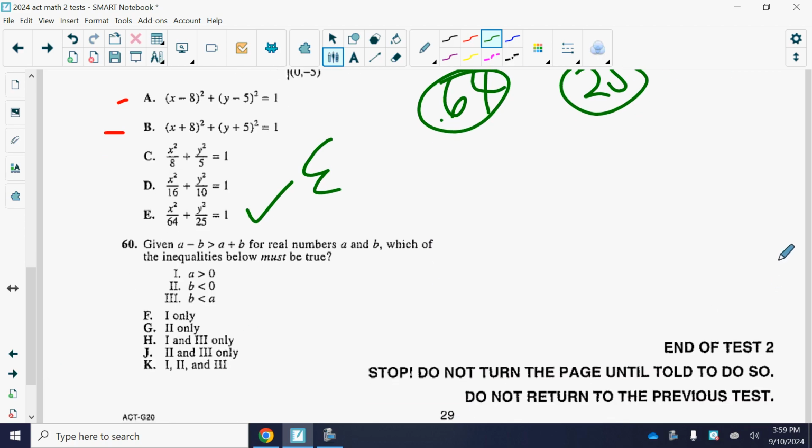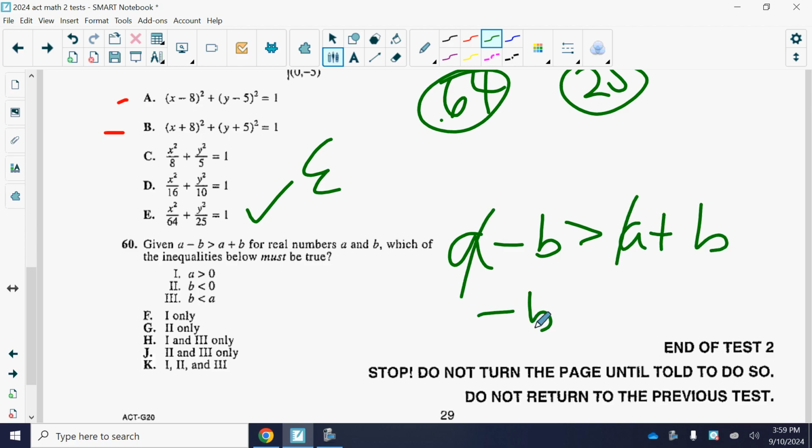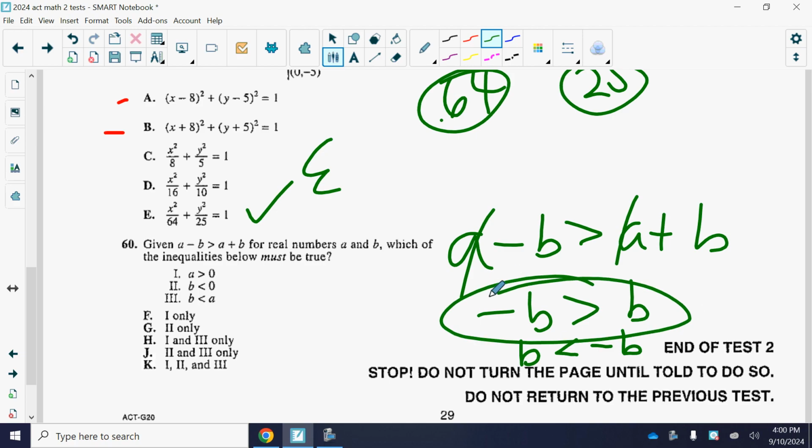What I did here is I subtracted A. Negative B has got to be greater than B. Divide by negative 1, and that means the same exact thing. So for this to be true, doesn't B have to be negative?